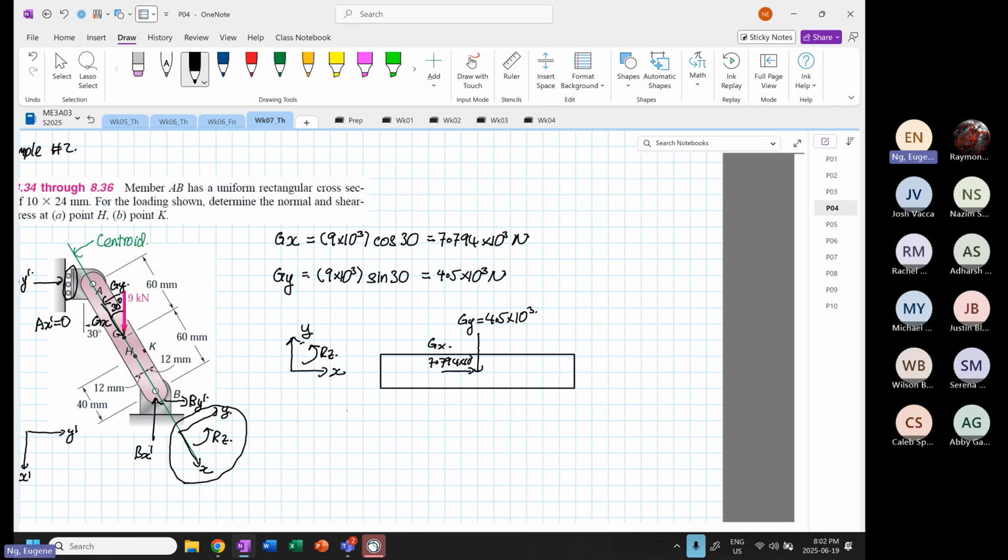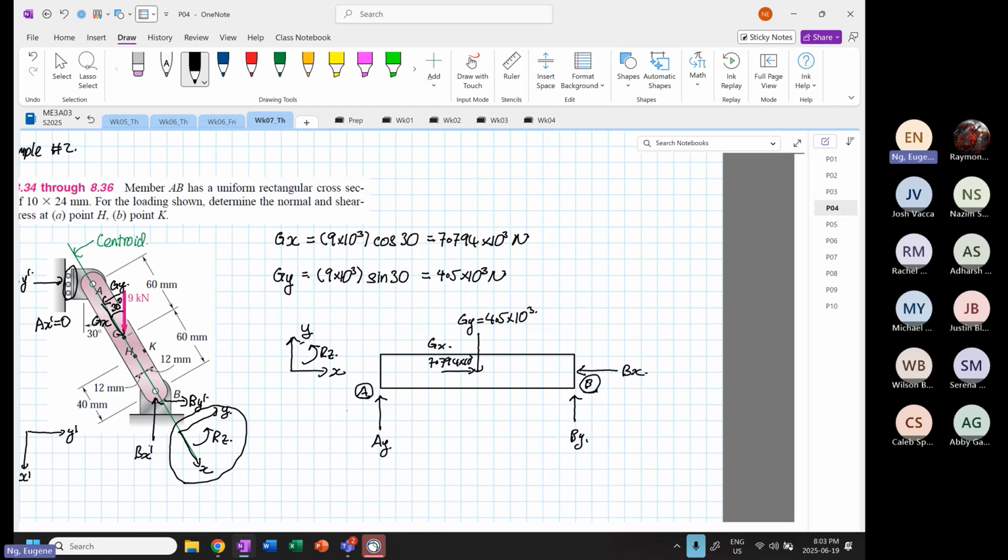So now we want to know our reaction at point A and point B. At point A, we are going to have an Ay, and at point B, we are going to have a By. At point B, there's also an x-axis reaction over here, so this is going to take our Bx.